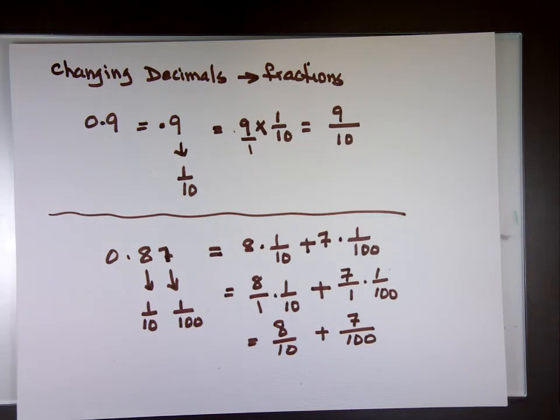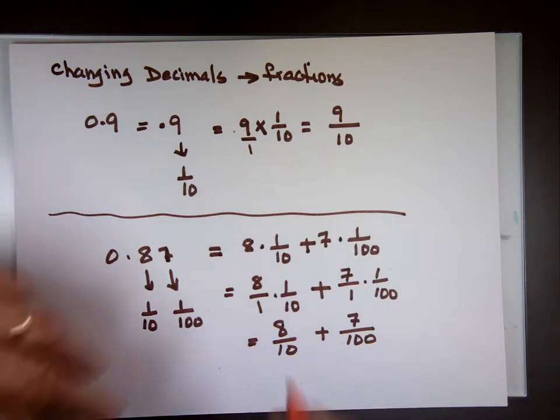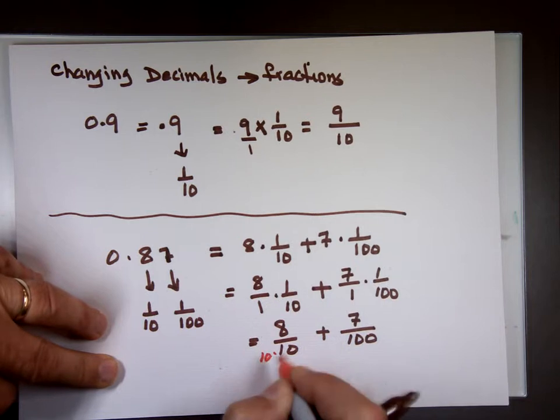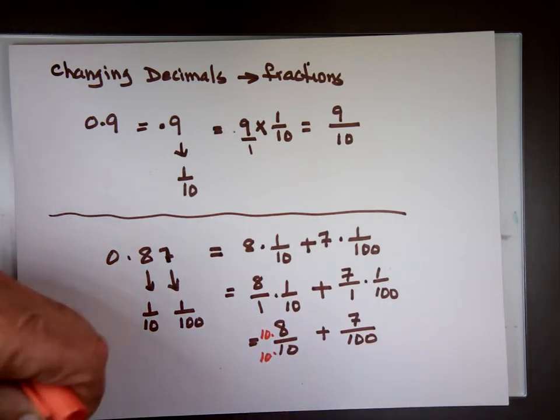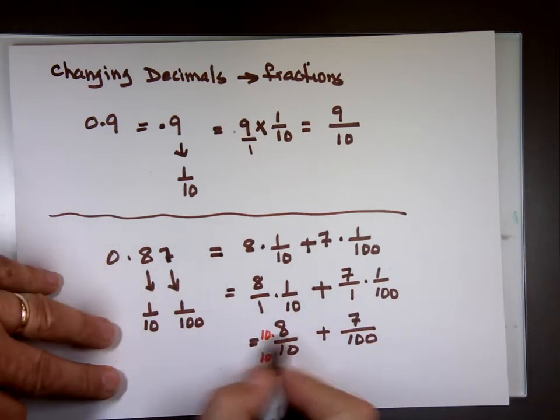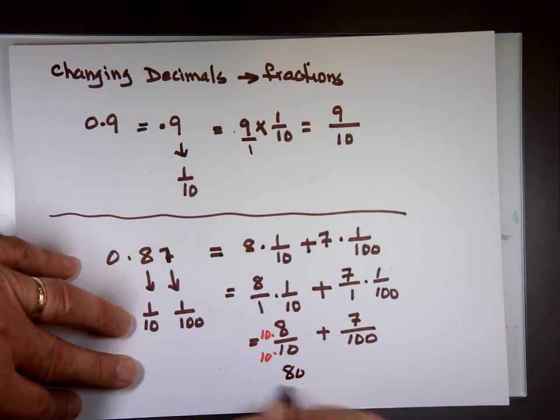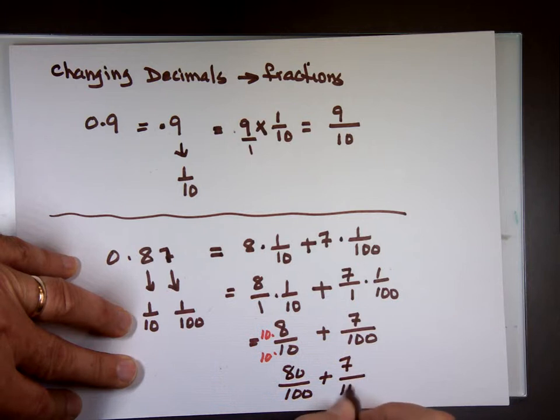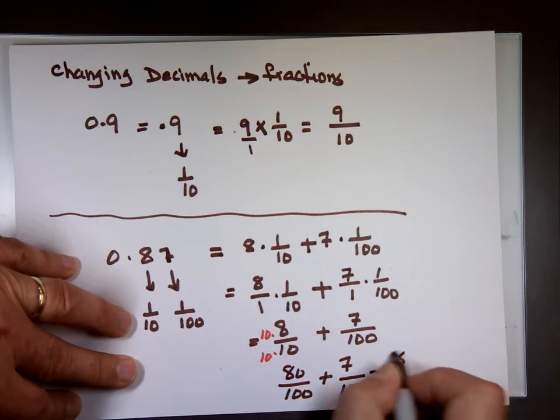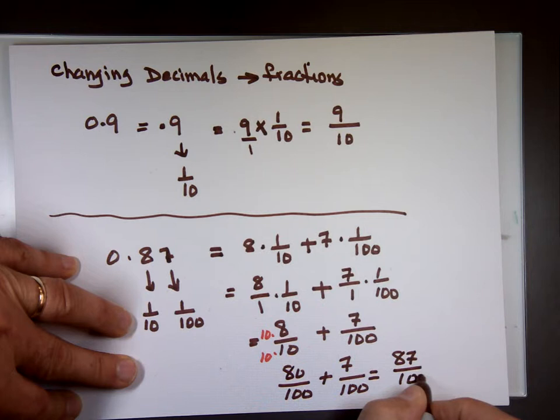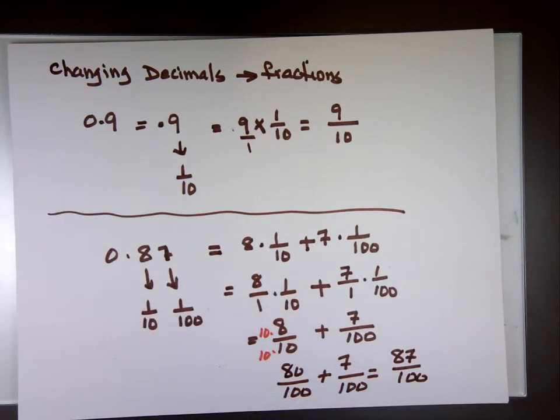Common denominator, which is 100. So I need to change the two bottom numbers to make them both 100. To change the 10 to 100, you multiply by 10, top and bottom. What's 10 times 8? 80 over 100 plus 7 over 100, which is 87 over 100. That's what that number is equal to.